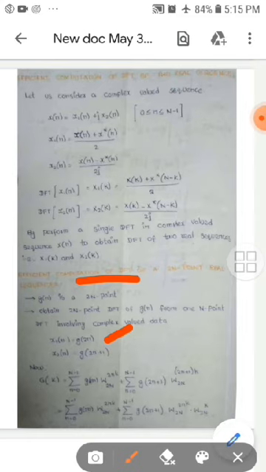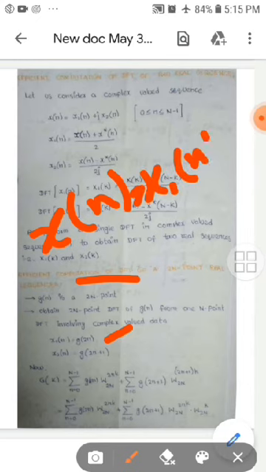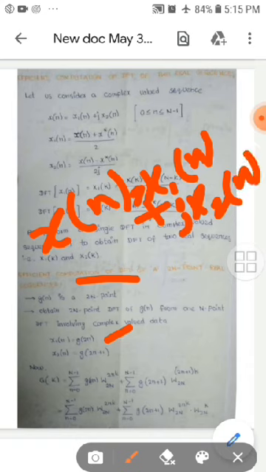So that is x of n, the N point complex valued sequence, x of n equals x1 of n plus j x2 of n.